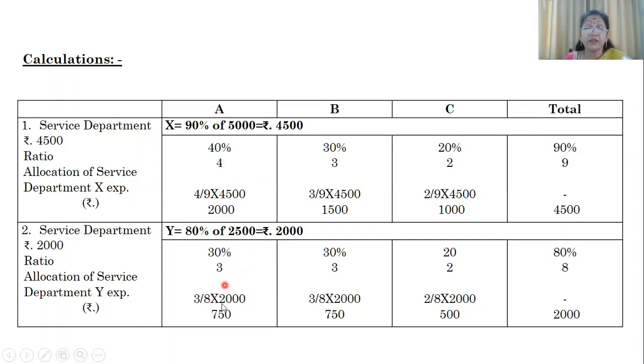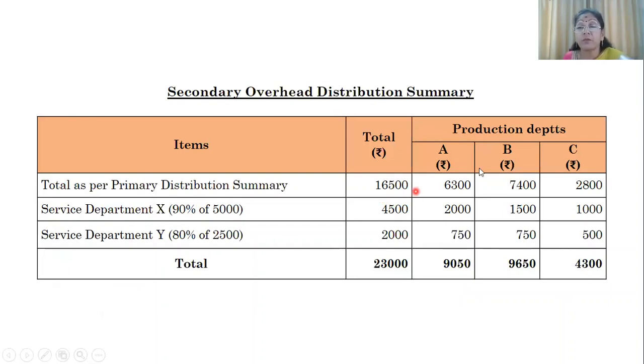See your allocation of service department Y expenses to the production departments. 3 divided by 8 into 2,000, 750. 3 divided by 8 into 2,000, same 750. Then C, 2 divided by 8 into 2,000. There are 3 service departments and 3 production departments. Here we should not consider service departments. We are allocating service department expenses to production departments on the basis of the simultaneous equation method.